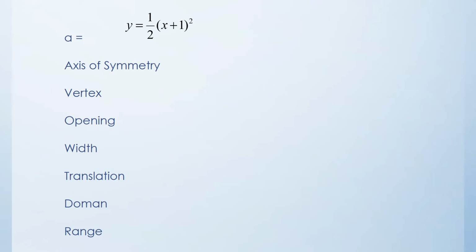Alrighty, so once again, a here is 1/2. Which means it's positive and the absolute value is less than 1. The axis of symmetry, we do the opposite of that, so x is -1. Because this is like saying there's a 0 out here, my vertex then is going to be (-1, 0).